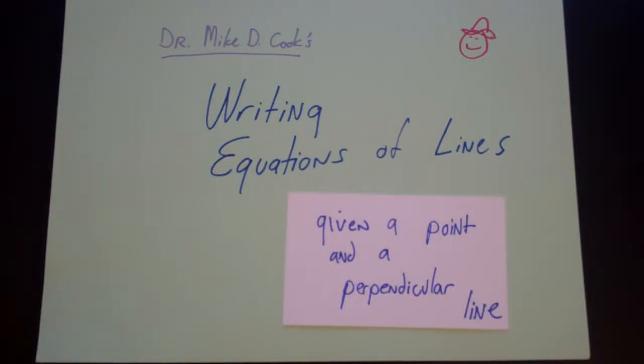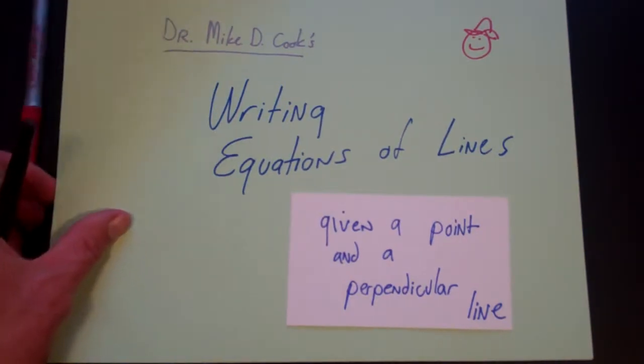Now let's look at the problem of writing an equation of a line given a point on the line and a line perpendicular to the line. So again, here's an example problem.